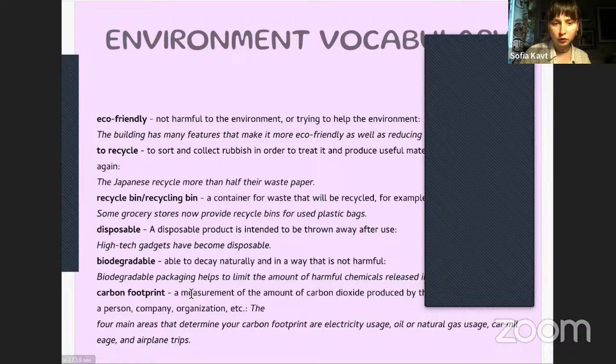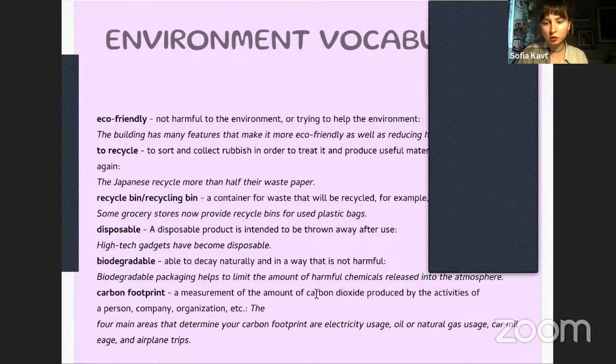Finally, the last term for today is carbon footprint. So, carbon footprint is a measurement of the amount of carbon dioxide, which is toxic for the environment, produced by the activities of an individual, a company, or an organization.